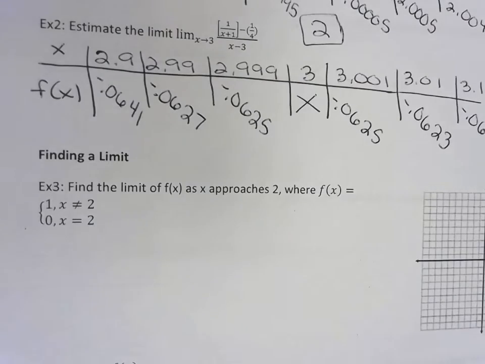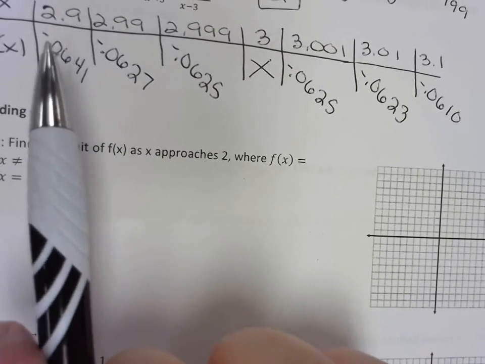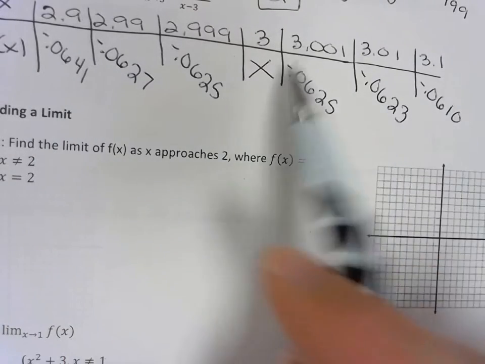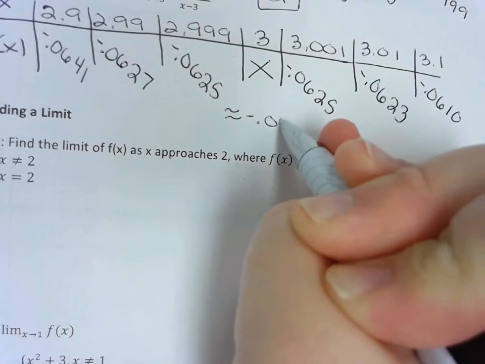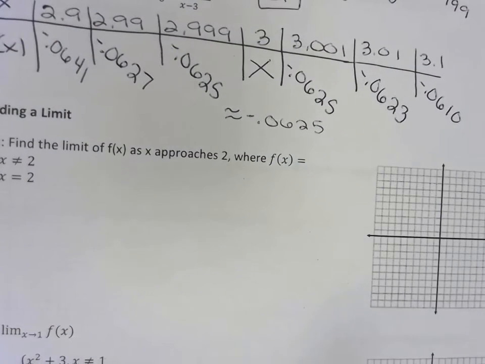So as I'm looking at this, my y values seem to be approaching, as I go from the left towards 3 and from the right towards 3, relatively close to negative 0.0625. Now this isn't going to be exact necessarily, but you can get a pretty good idea.